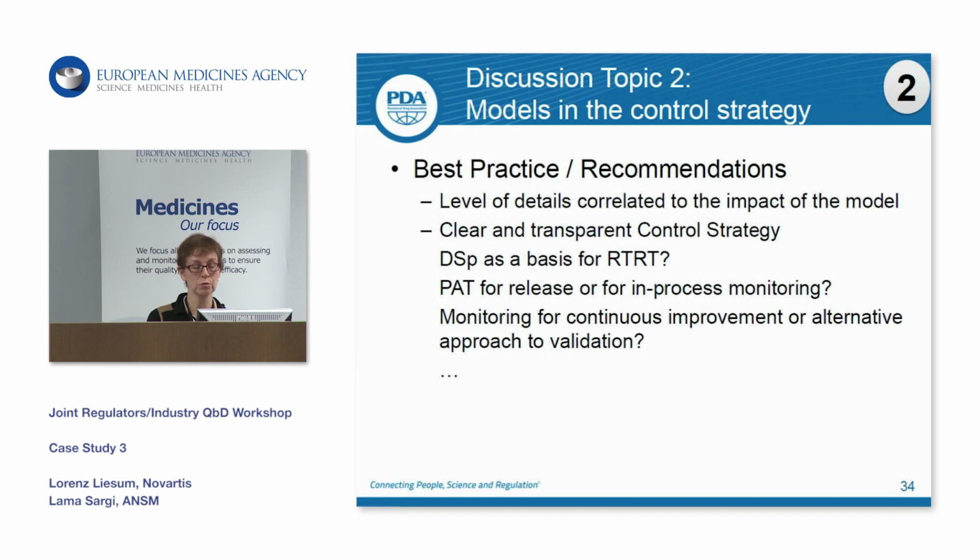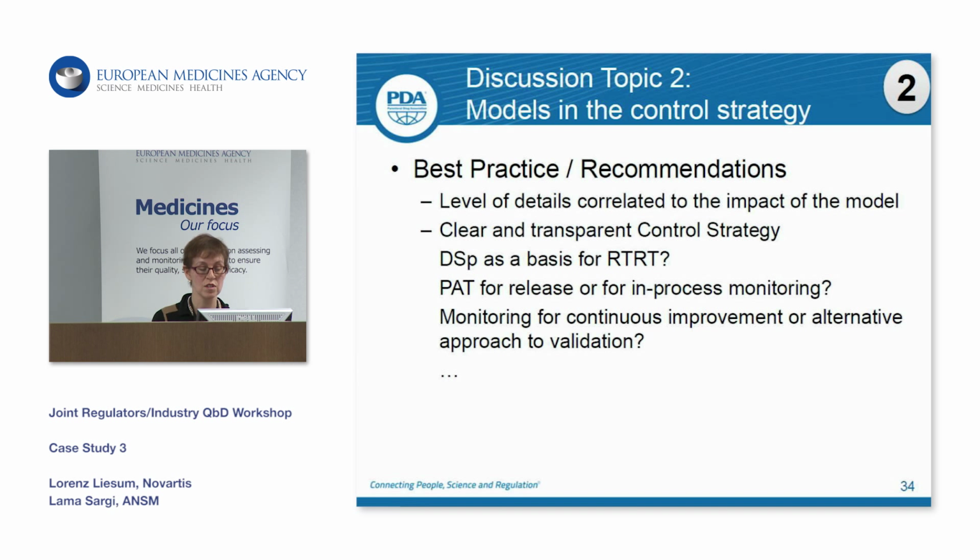And so to conclude with the recommendations on the models in the control strategy, we would like to stress that the level of details will be correlated to the impact of the model. And this is why we need a clear and transparent control strategy in the application. So for example, we need to know if the design space is a basis for real-time release testing or not.